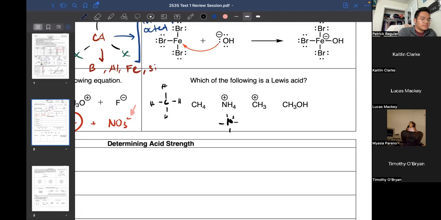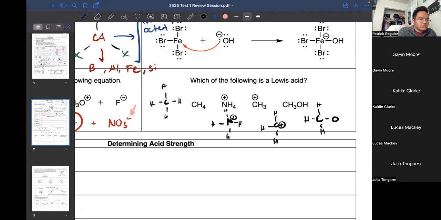H, CH3, and CH3OH. Out of these four options, which one is a Lewis acid? Third one. That's correct. And that is a carbocation.